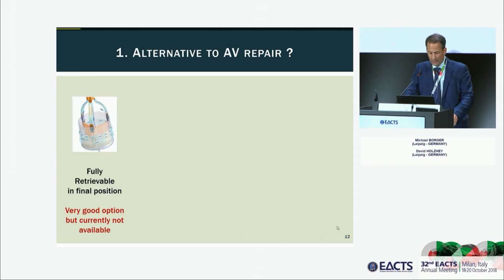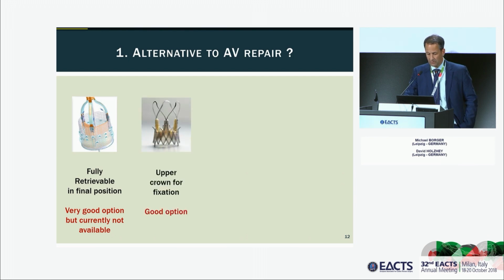There is the Boston Lotus valve, which we think is really optimal for this indication because it is fully retrievable. Unfortunately, it was also temporarily pulled from the market while they are trying to work out some mechanical problems. Hopefully it should be coming back onto the market soon.